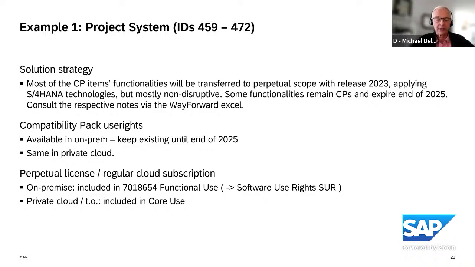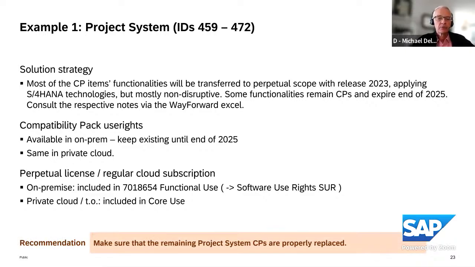Also meaning you don't need to do a data migration or reformatting or something to be future-proof for the project system. There are a couple of functionalities which we will need to deprecate, which we will need to get rid of at the end of 2025.